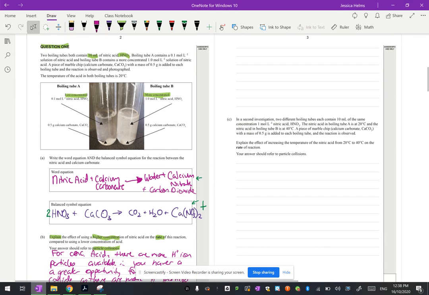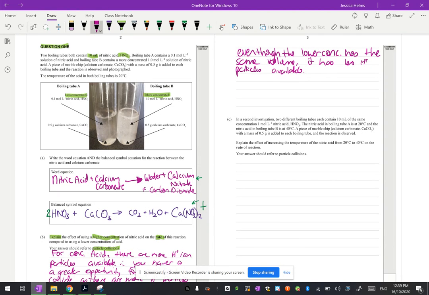So even though the lower concentration has the same volume, it has fewer H+ particles available.